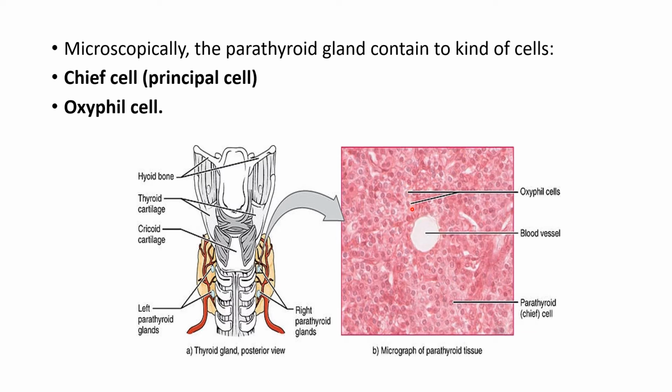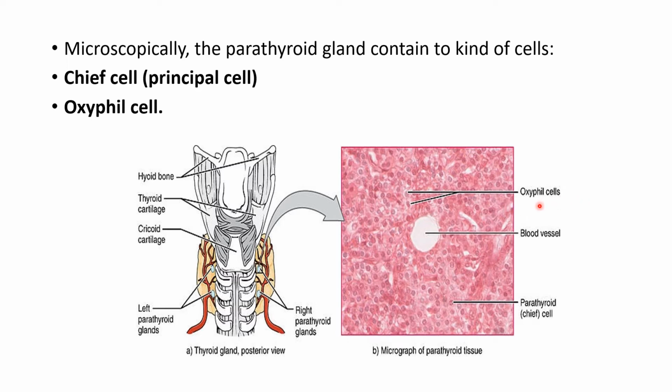These are differently pigmented cells, the dark pigmented cells. The chief cells are present inside the parathyroid gland. The parathyroid cells secrete the parathyroid hormone, while no specific function is known yet for the oxyphil cells.